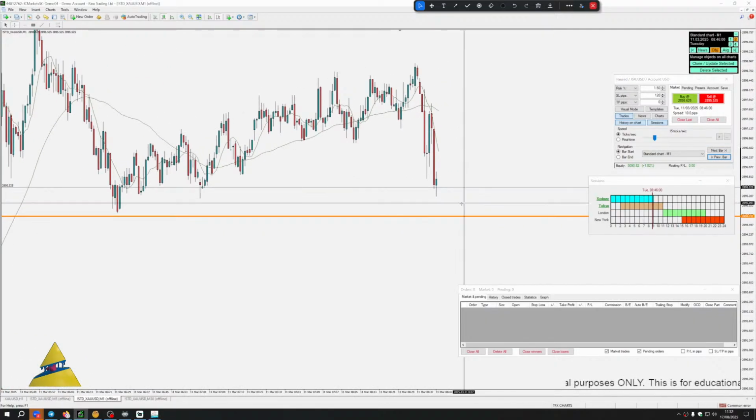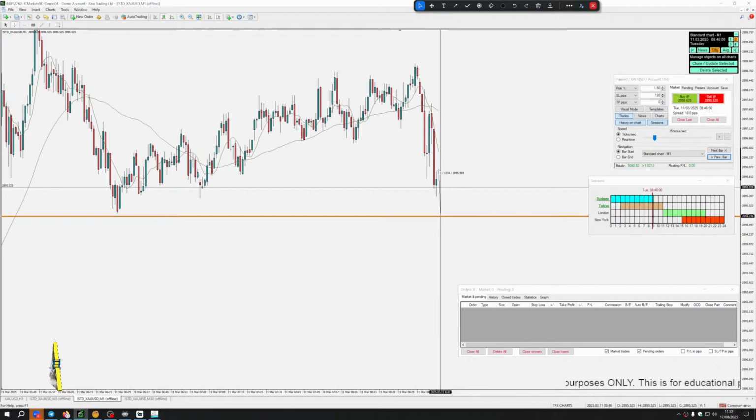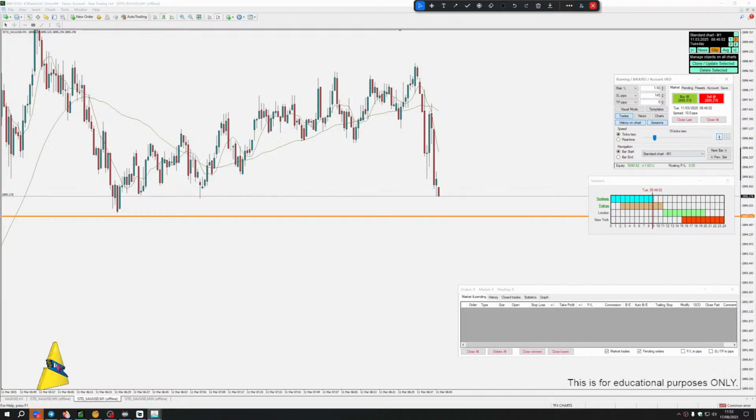So what I'm going to do is look for a sell here, and stop loss above this area, about 14.5 pips, as price breaks those lows.